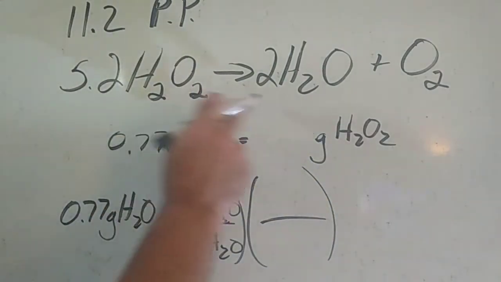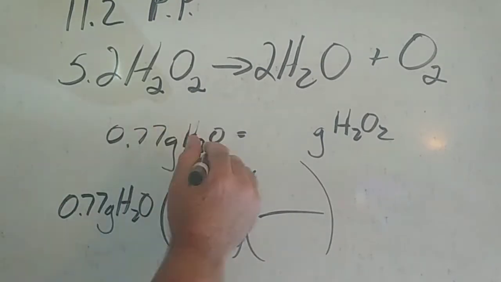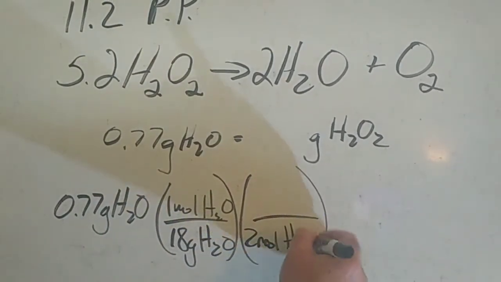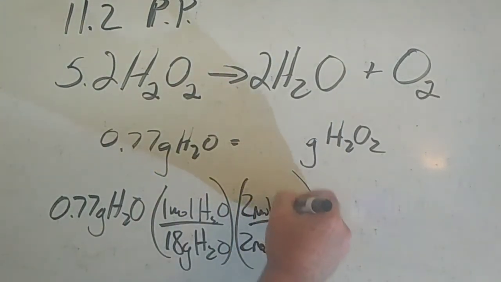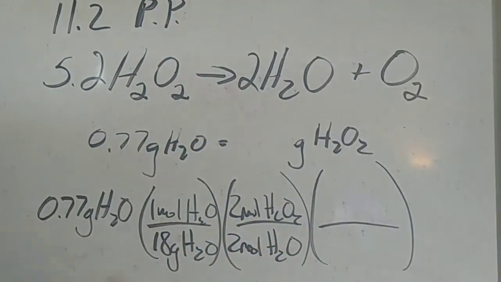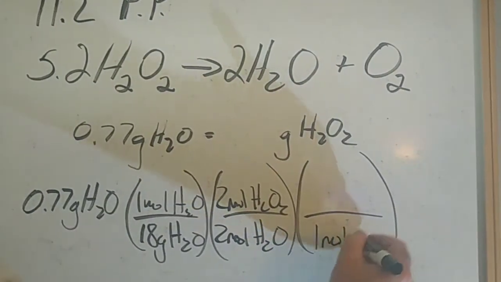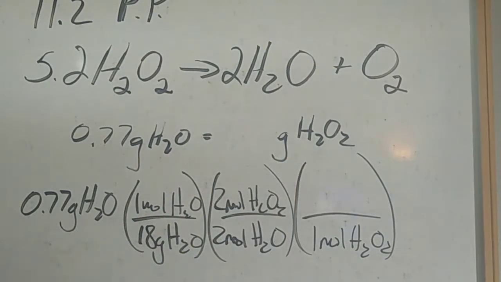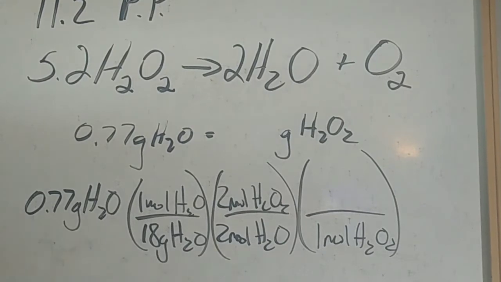We now can convert water into hydrogen peroxide with our balanced equation. So we have 2 moles of H2O from our balanced equation is equal to 2 moles of H2O2. And then we have to get grams of peroxide. So we know that 1 mole of H2O2 is going to be 18 plus another oxygen, so another 16.